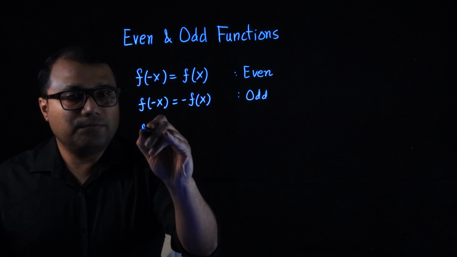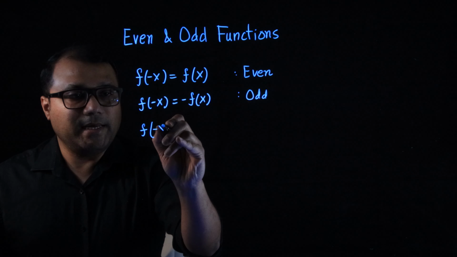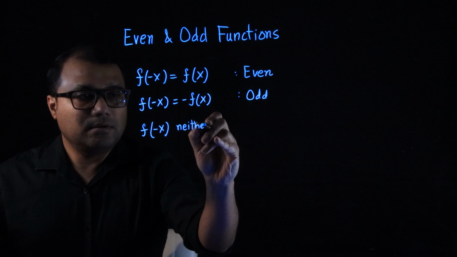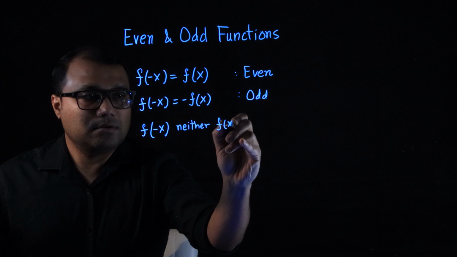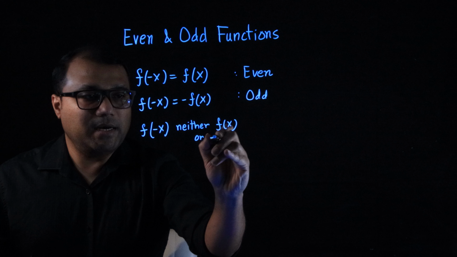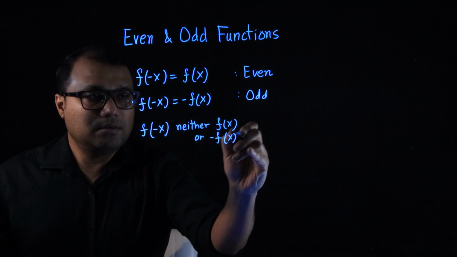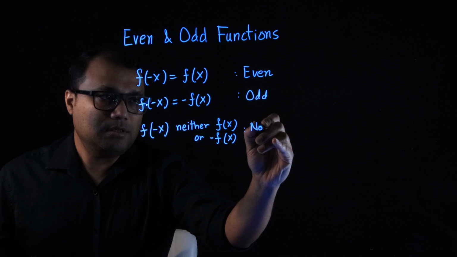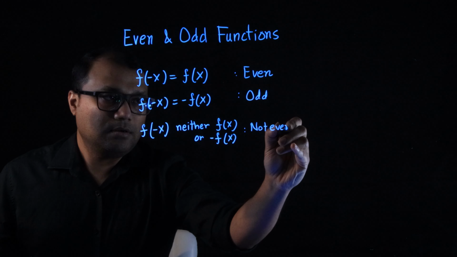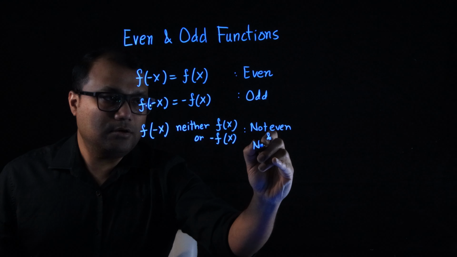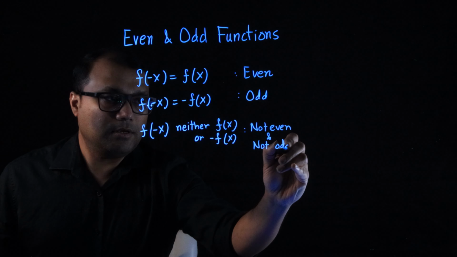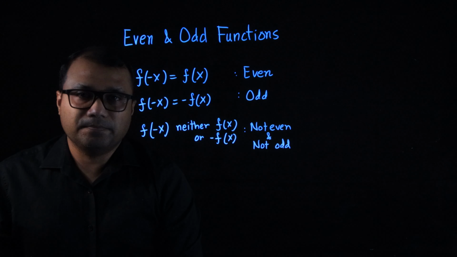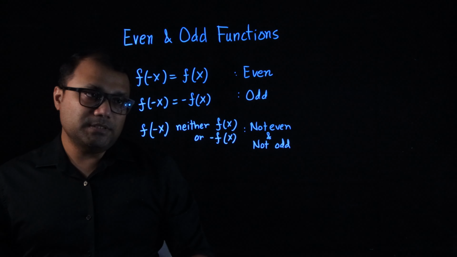So, if f of minus x is neither f x nor minus f x, then the function is basically not even and not odd. Okay, so it's very possible that a function is neither even nor odd. Now let's take some examples.